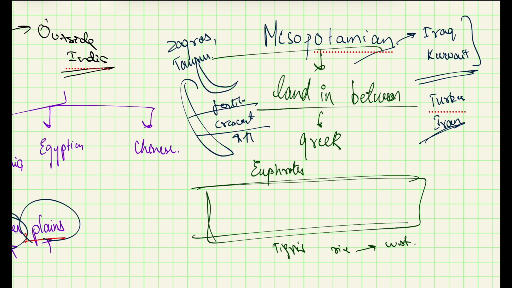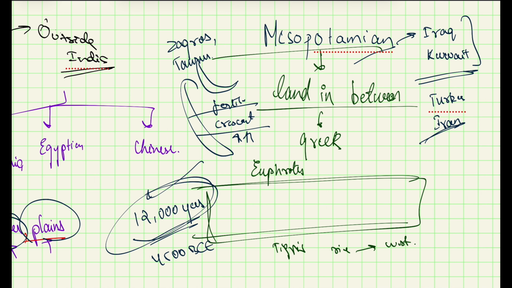They began farming 12,000 years ago itself, and the copper tools arrived around 4,500 BC. So they were quick in their actions: they started agriculture 12,000 years ago, and the introduction of copper tools was seen 4,500 years ago.